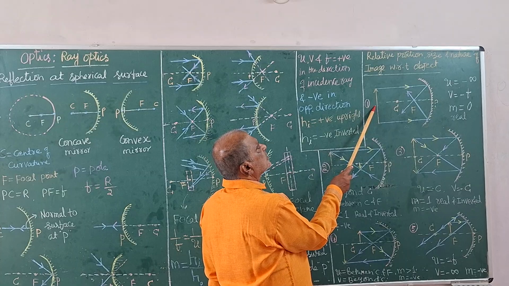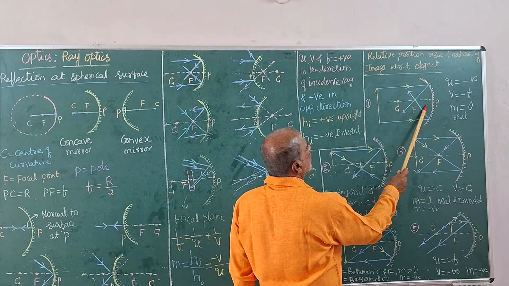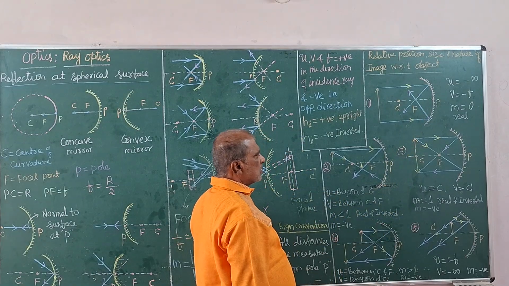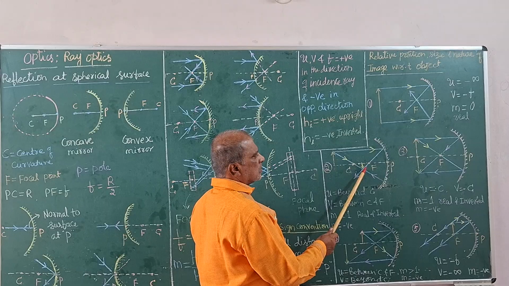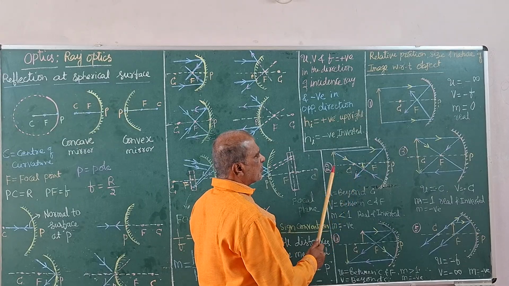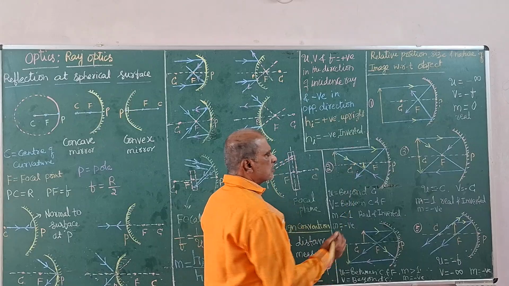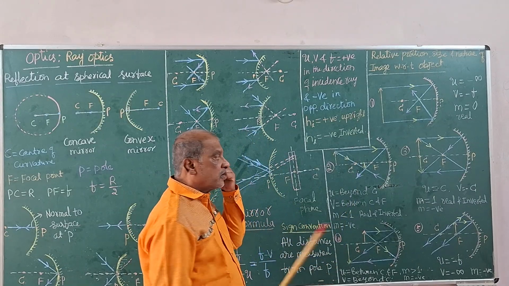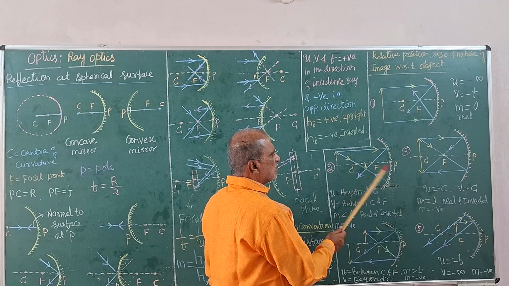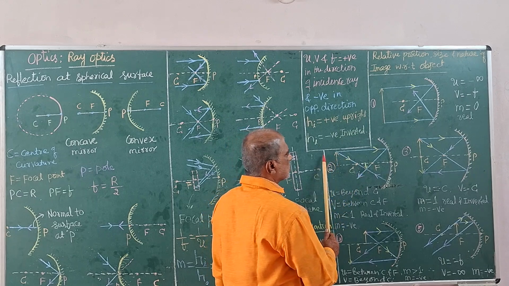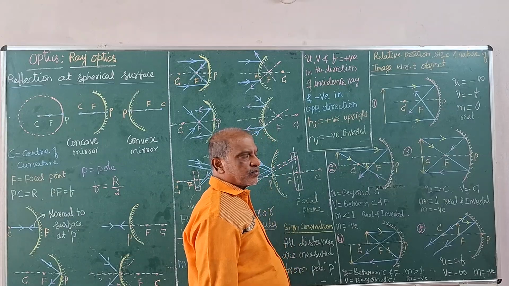Object at infinite distance, as it moves towards the concave mirror, what happens? The image moves away from the mirror. As the object moves closer, the image moves away and the size increases. The size of the image increases as the object comes closer and closer to the concave mirror.